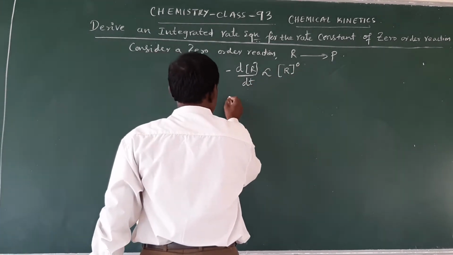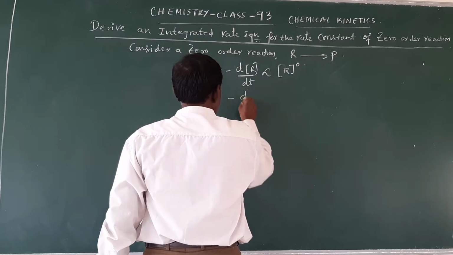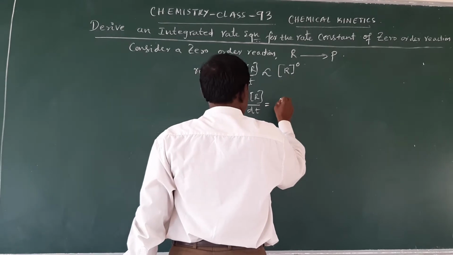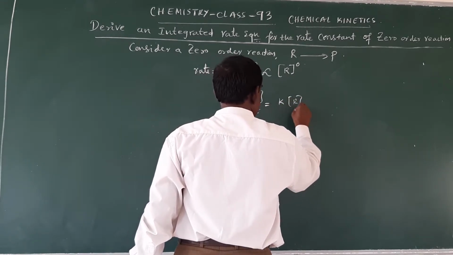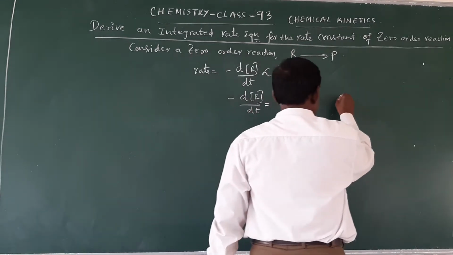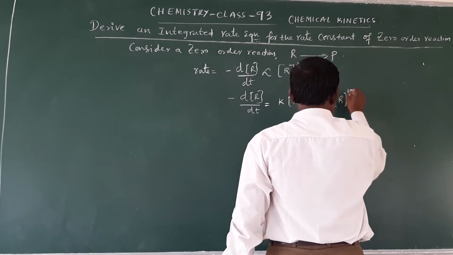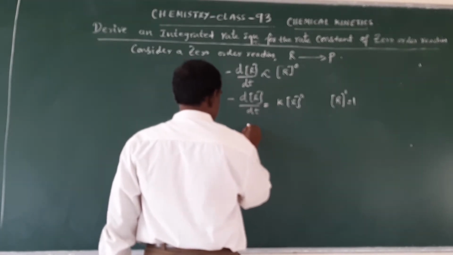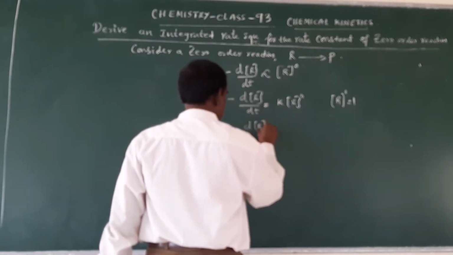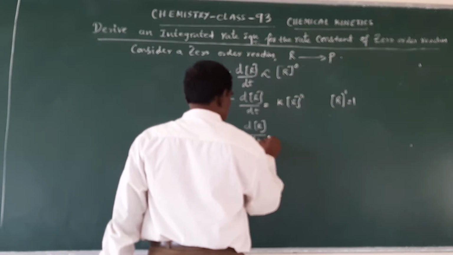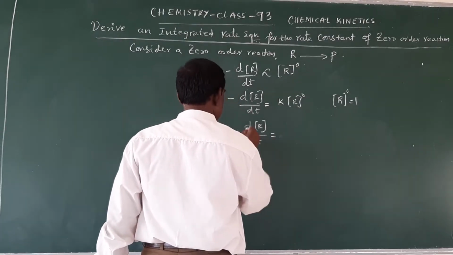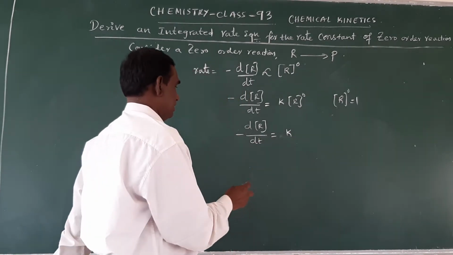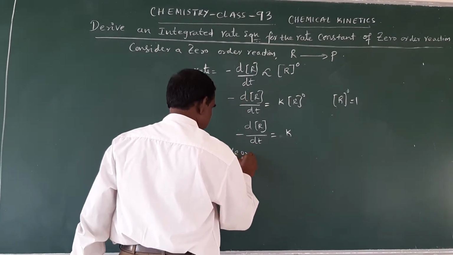We can also write minus dR divided by dt is equal to k into R to the power 0. But we know that anything to the power of 0 is equal to 1. So therefore, it can be written as minus dR by dt is equal to k.